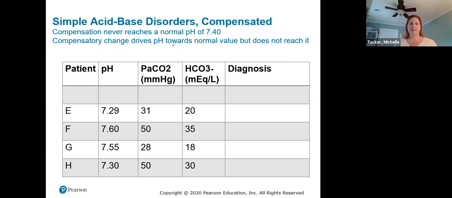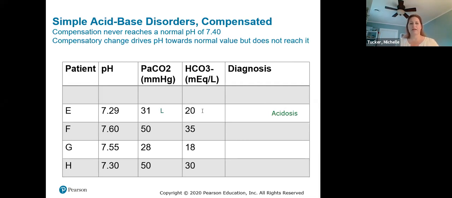7.29 is acidosis or alkalosis. Very good, acidosis. Now is CO2, is it high, low, or normal? It is low.